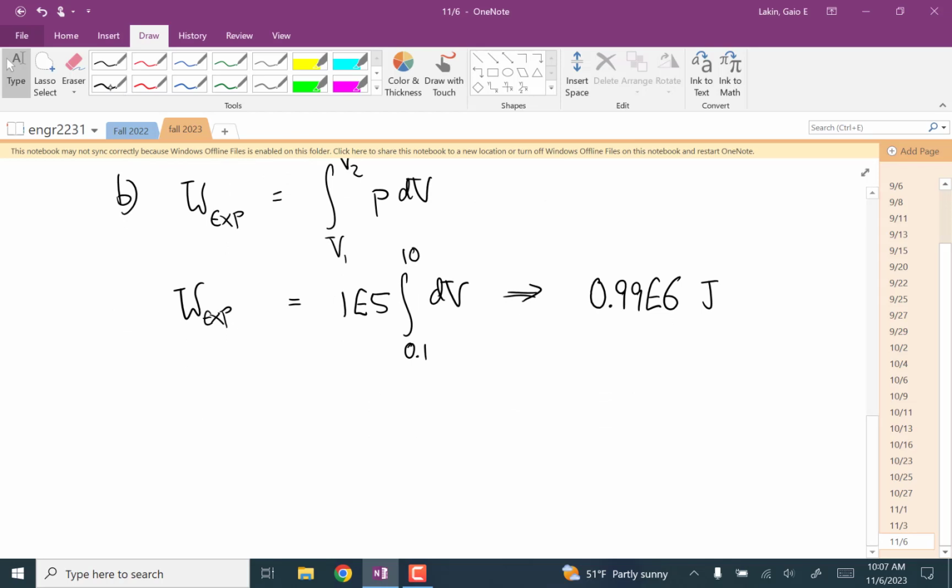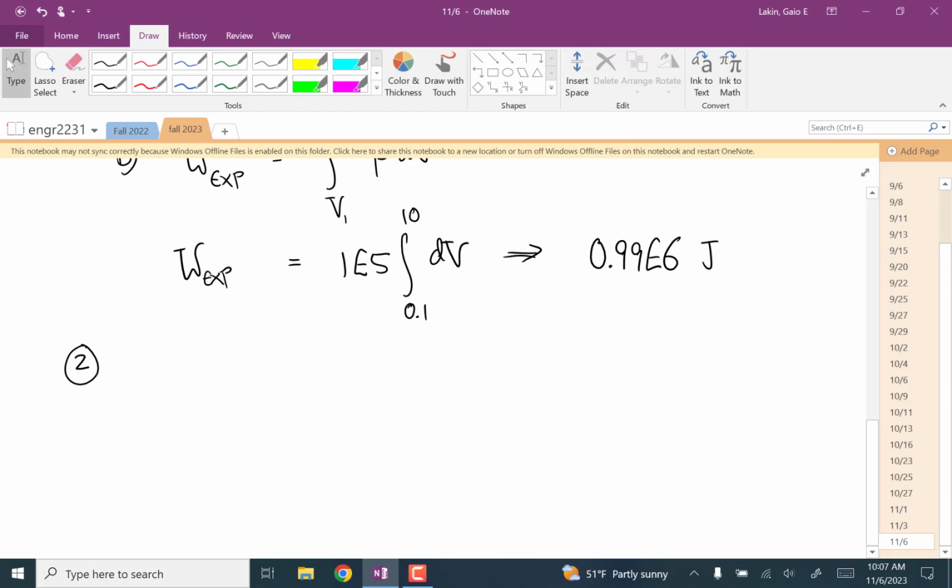Okay, number 2. So you have an ideal gas. And you have 5 kilograms of it.